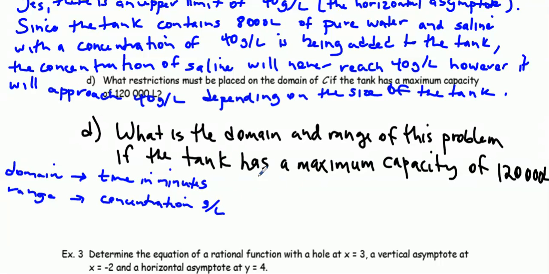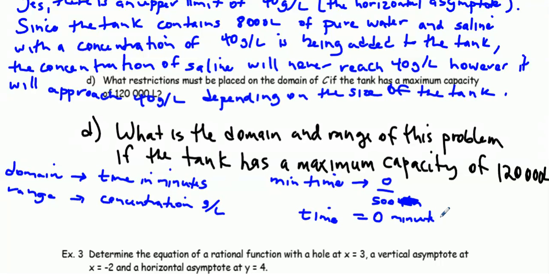So we want to know the minimum time, and if we're adding 0 liters at 500 liters per minute, then our time, well, I shouldn't put the units on, but they're inferred. The time is going to be equal to 0 minutes.